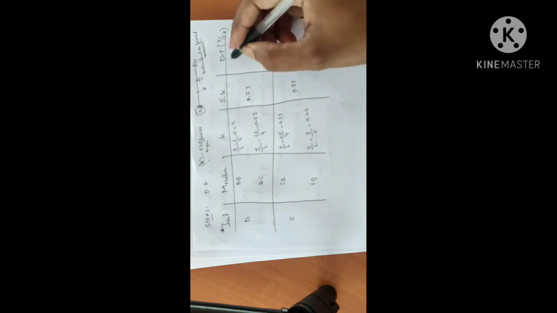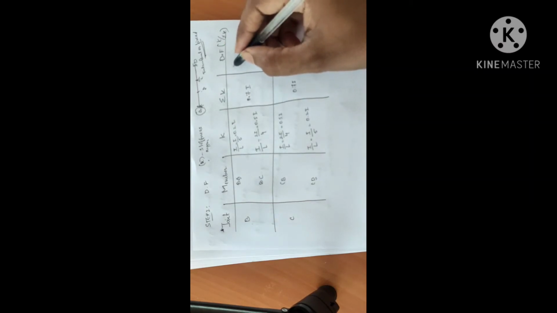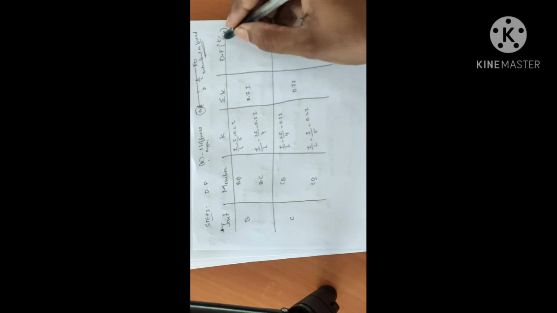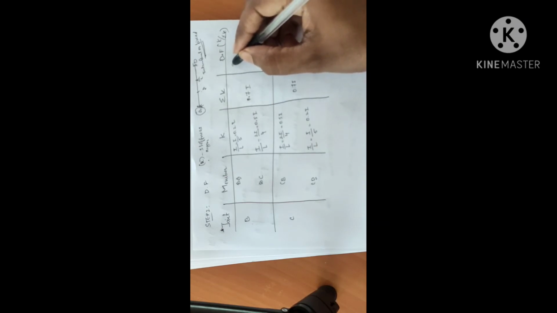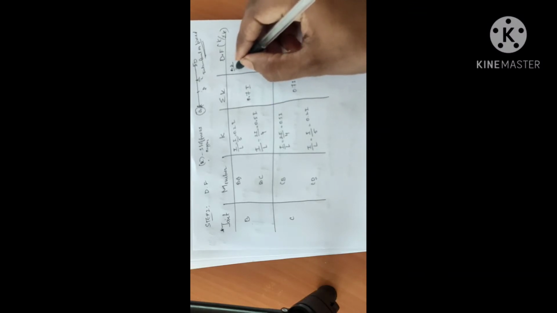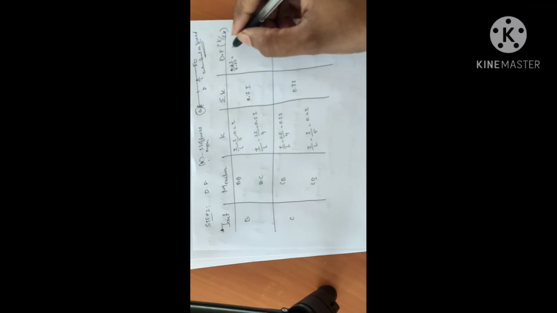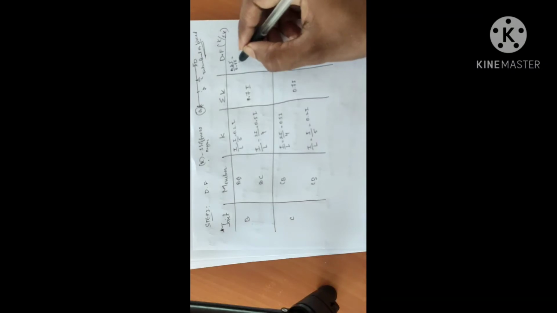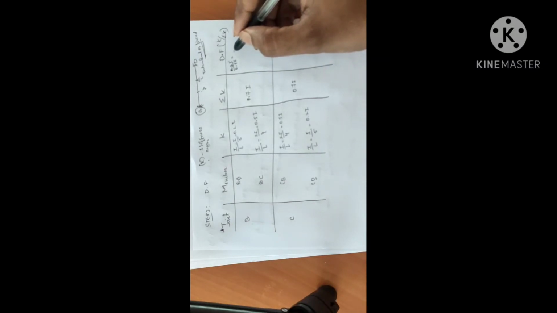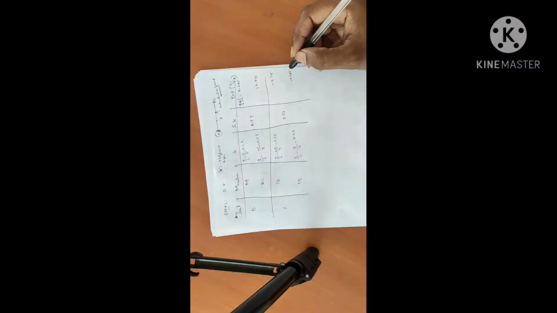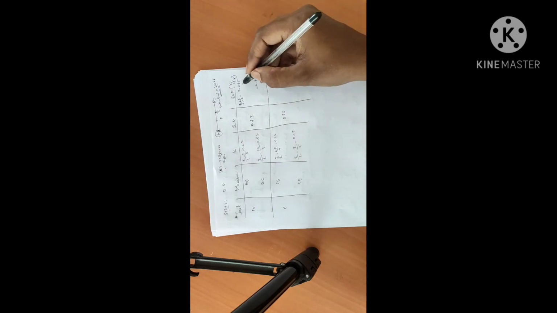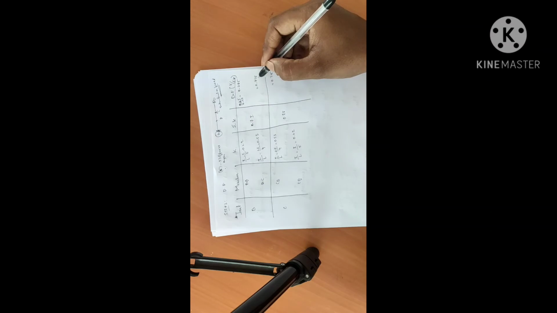Now the distribution factor will be K divided by summation K. For the BA member, what is K? K is 0.2I. What is the summation of K? That is 0.7I. I and I will get cancelled, so 0.2 divided by 0.7 gives 0.285. And 0.715 for the BC member.